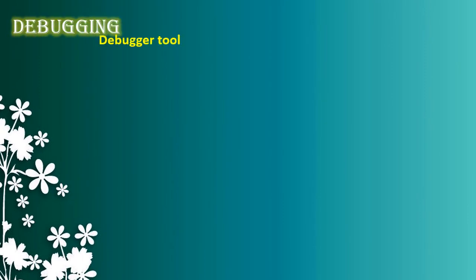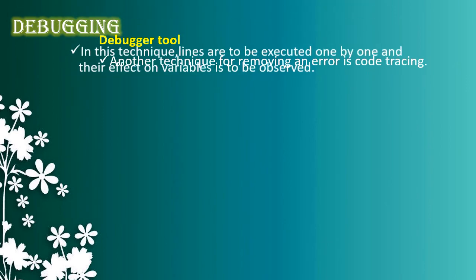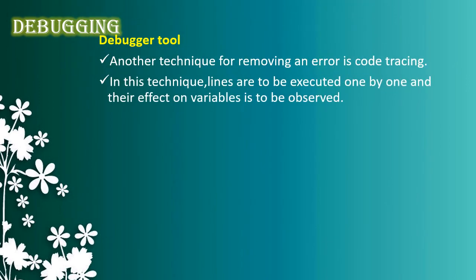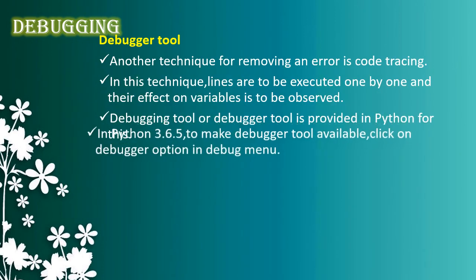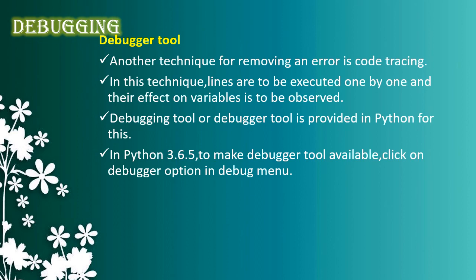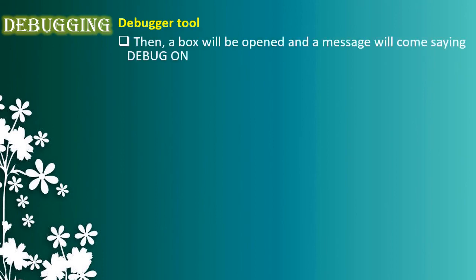And also we can use the debugger tool to find and fix the error. The debugger tool is available in version 3.6.7. The debugger option is available in the debug menu, and through that we can check it. It is only available in the 3.6 versions.